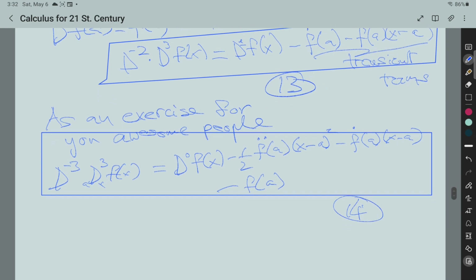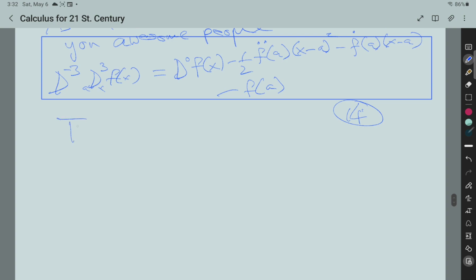Okay, so in general, if you have integration first, that's integration n, and differential derivative to the power m, this here is equal to, you have two outcomes.